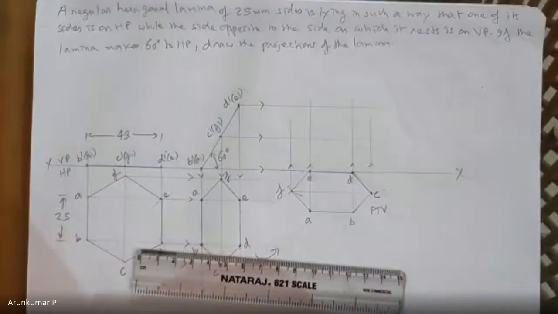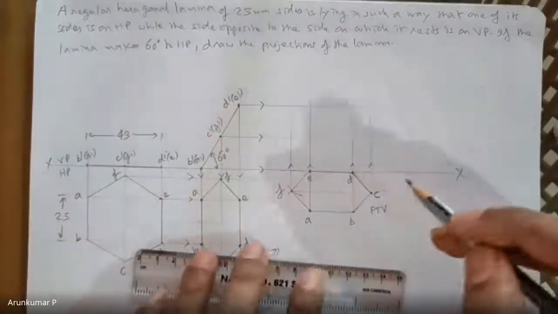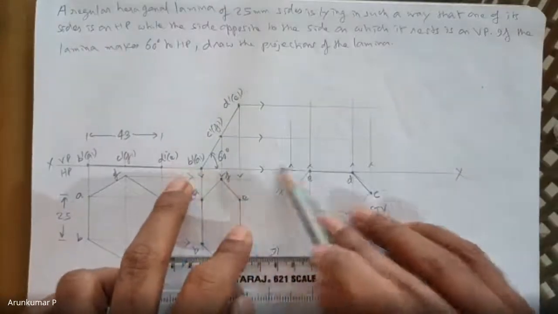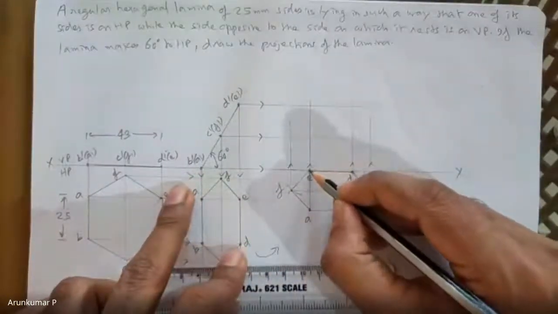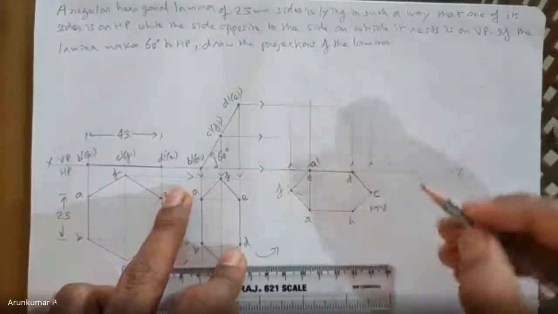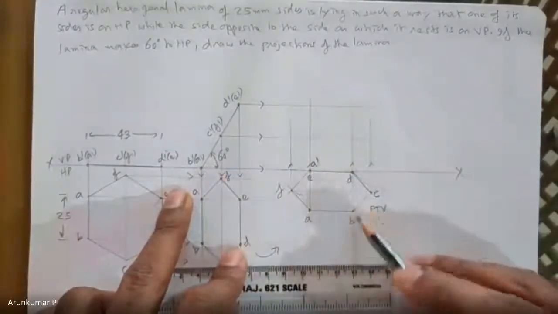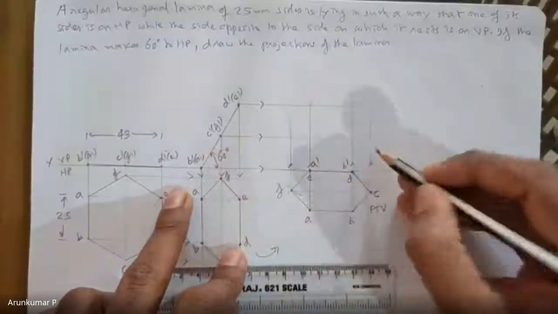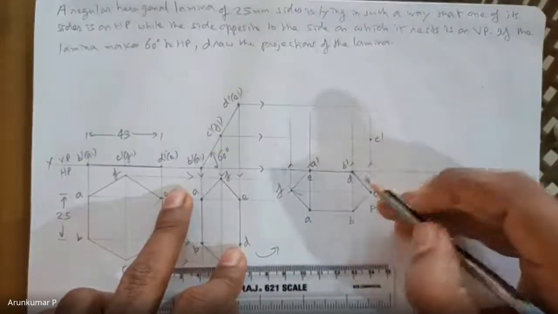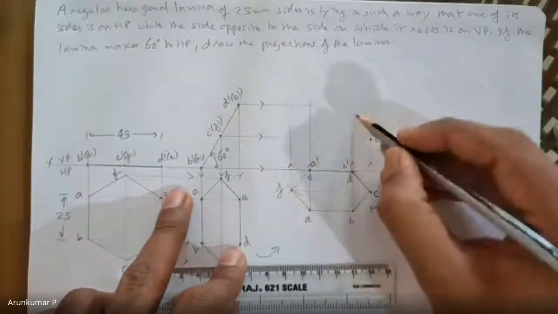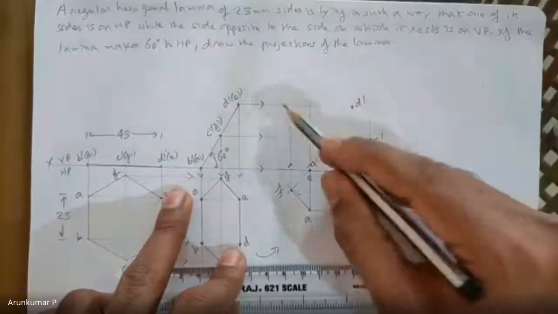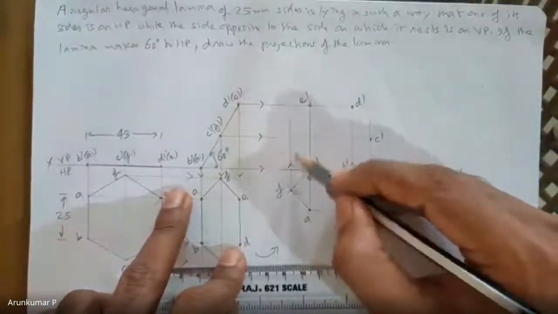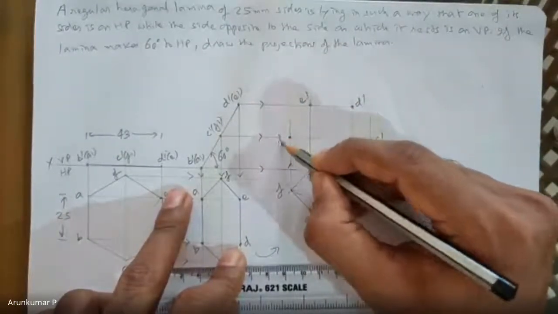Now you can locate your 6 points of intersection starting from AB. Intersection of A dash and A: this point is A dash. Intersection of B dash and B: this point is B dash. C dash and C: this is C dash. D dash and D: this is D dash. E dash and E: this is E dash. F dash and F: this is F dash.